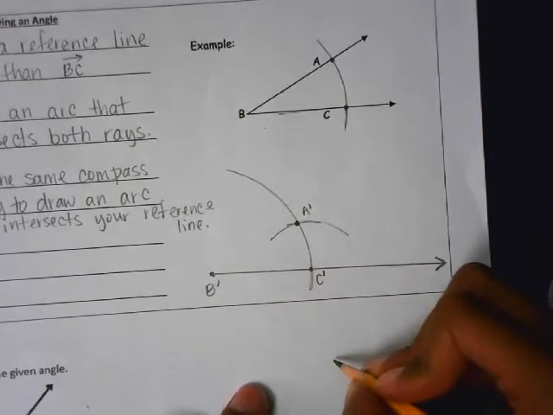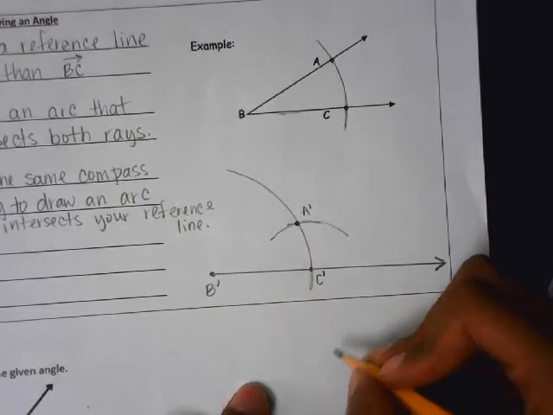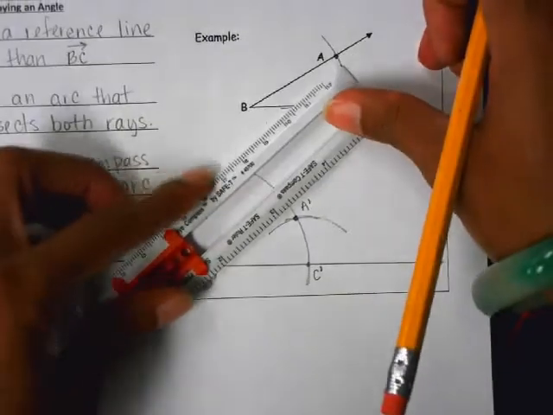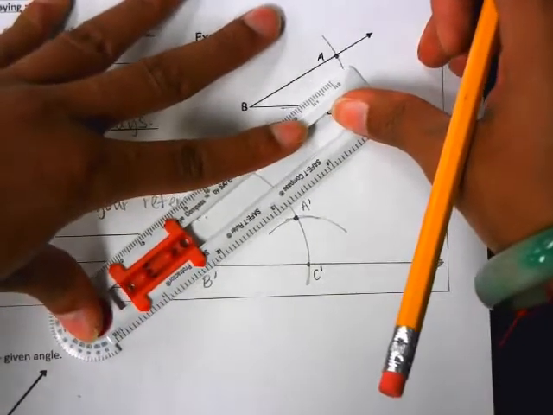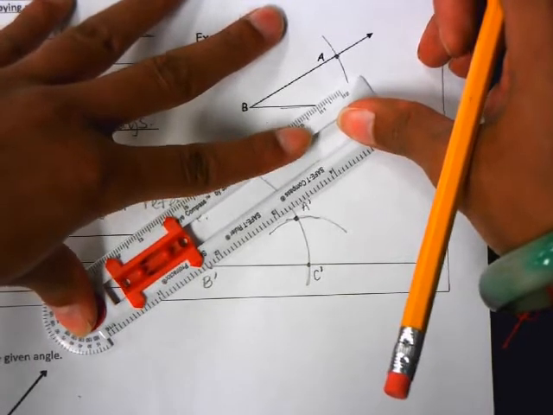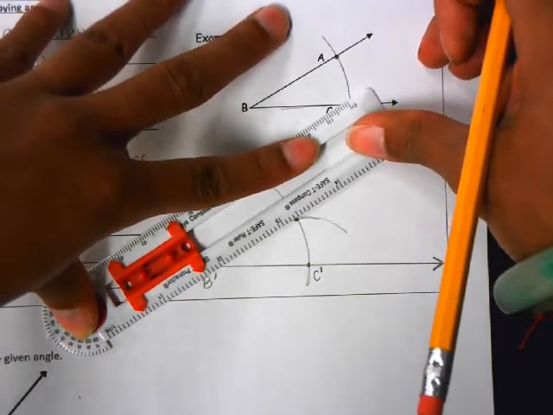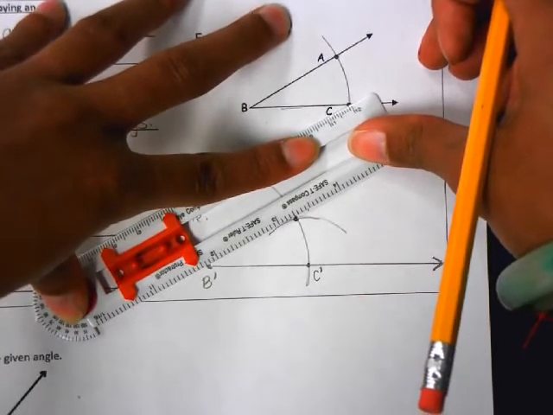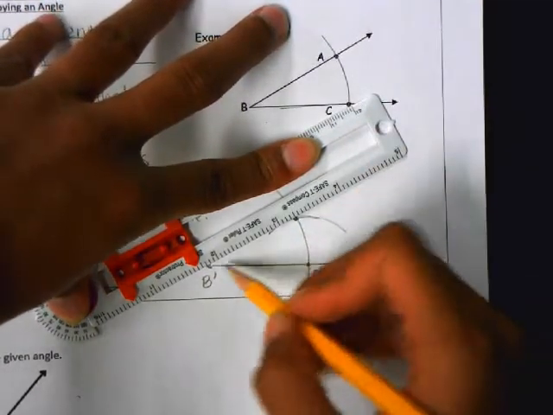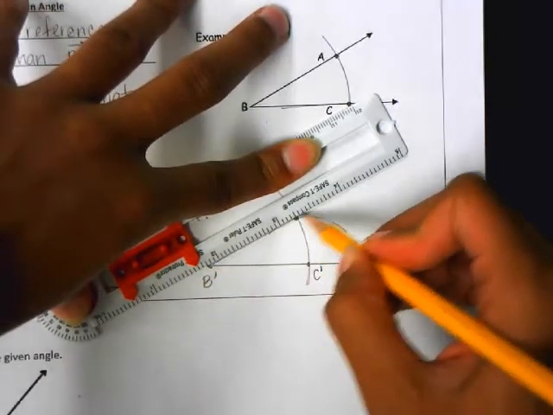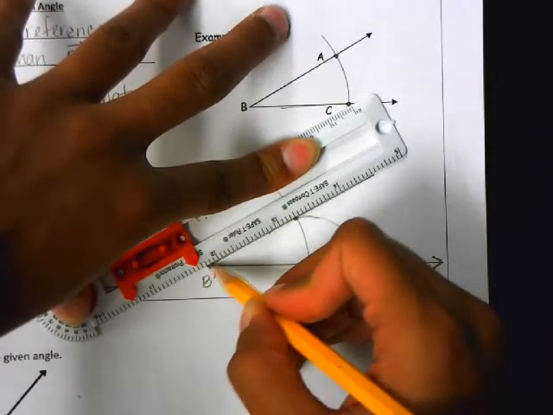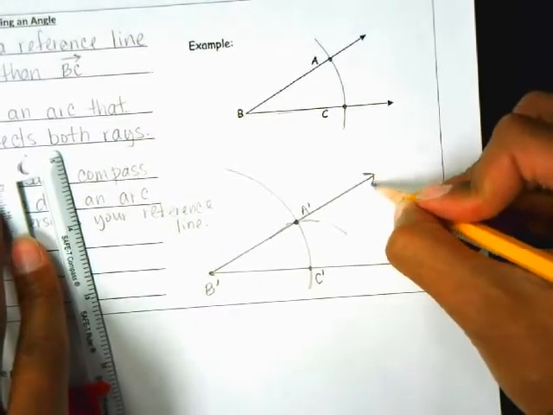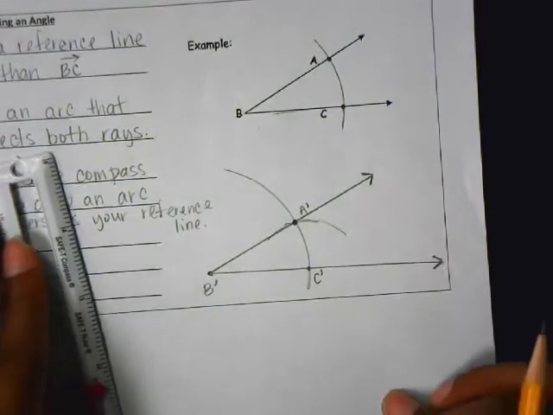Now we're going to take our straight edge and we're going to connect B prime to A prime. Okay, we're going to line them up. And then we're going to draw a ray that's going through A prime. And there you go.